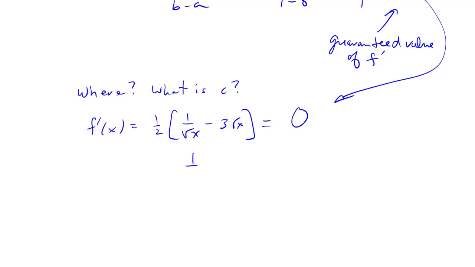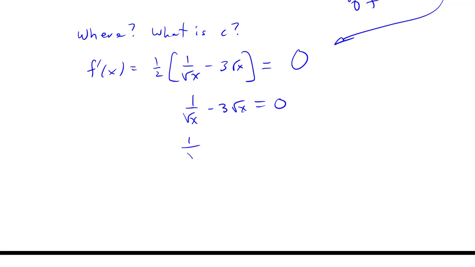That would mean that the stuff inside here, 1 over the square root of x minus 3 square root of x, would have to be 0. So 1 over the square root of x equals 3 square root of x. If we cross multiply there, we get 1 equals 3x when the radical x's multiply. In other words, x is 1/3.